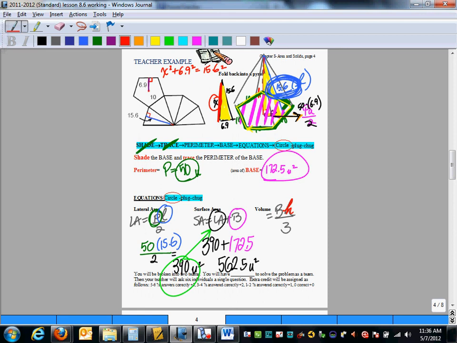Everybody's number crunching right now. Yeah, you have 2 boxes.